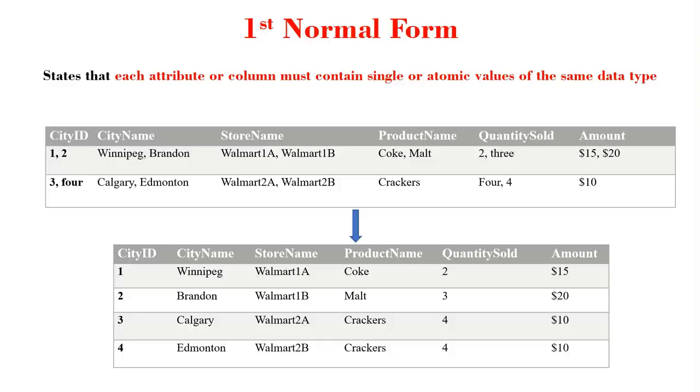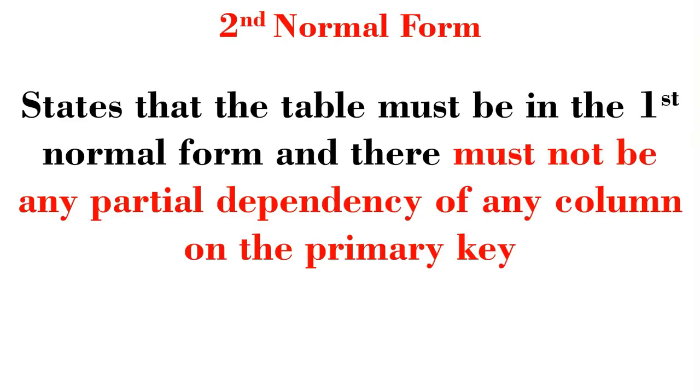Moving on to the second normal form, the rule states that the table must first be in the first normal form and there must not be any partial dependency of any column on the primary key. What does that mean? Let's take our first normalized form table and see how we can conform it to the second normalization rule.